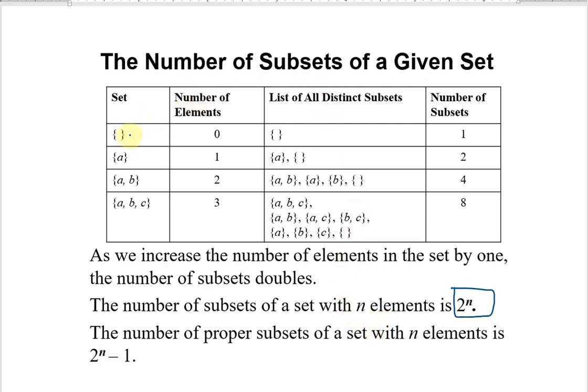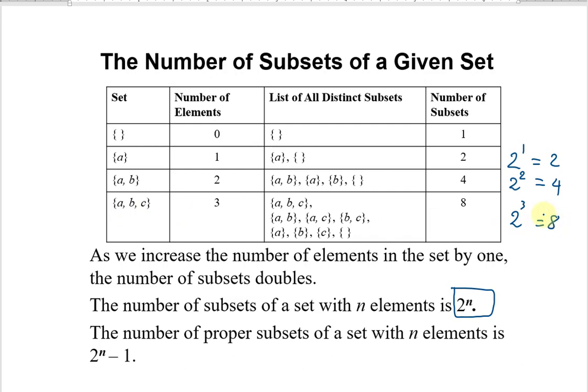For example, this one has 1 element, so the number of subsets is 2 to the first power, equal to 2. In this case, we have 2 elements, so the number of subsets is 2 to the second power, equal to 4. And 2 to the third power, because there are 3 elements, is 8.